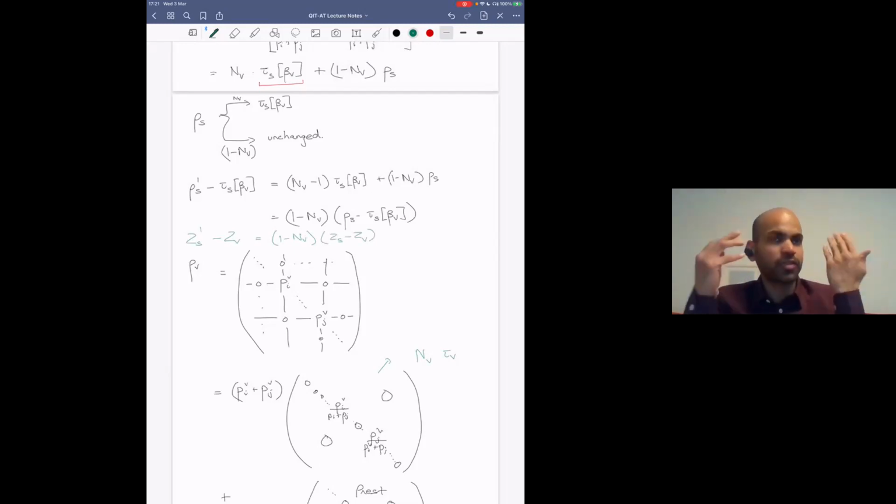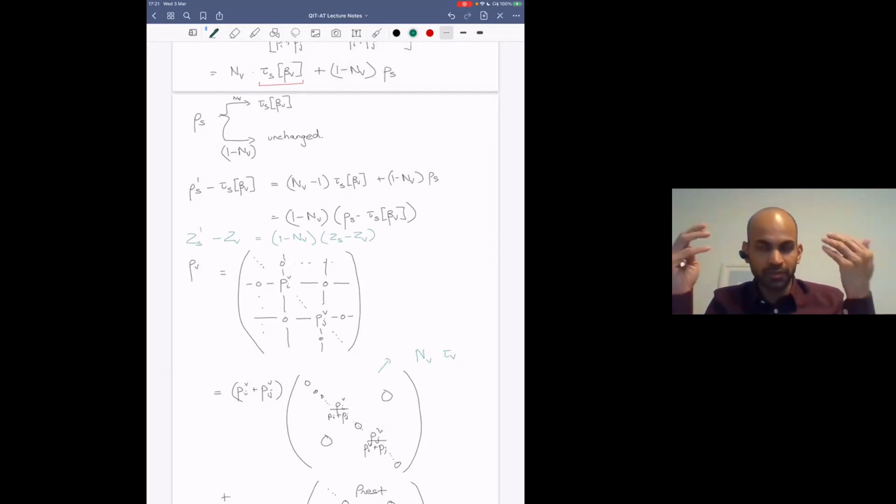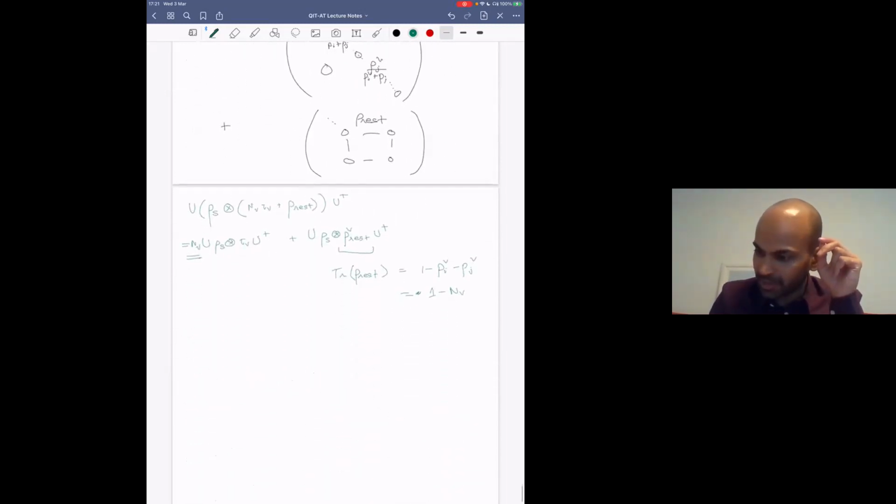So effectively, all of the properties of the state of the system move closer to that of the properties of the normalized state of the virtual qubit, but only partially there. And how close they move depends on the norm, or how much population there was to be in that virtual qubit in the first place.